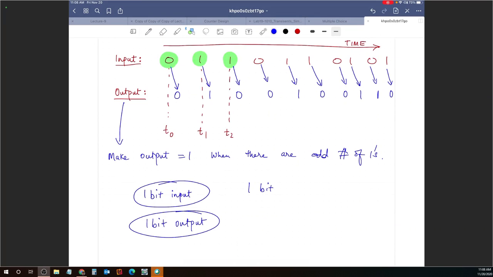So what I have here is a finite state machine in which this is my input stream, input coming in as a 1-bit input streaming in, and I have my output here, and in the middle I have this odd parity checker that I need to design.